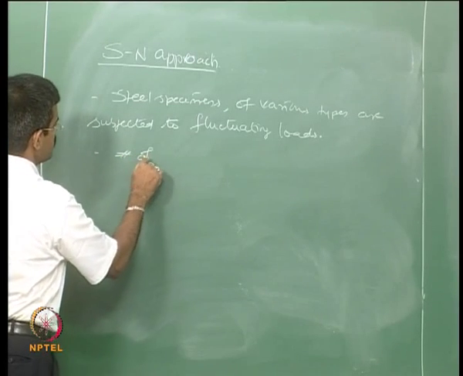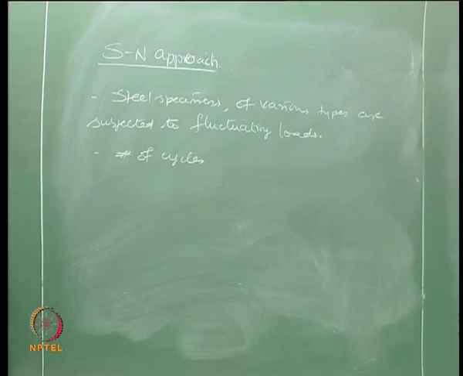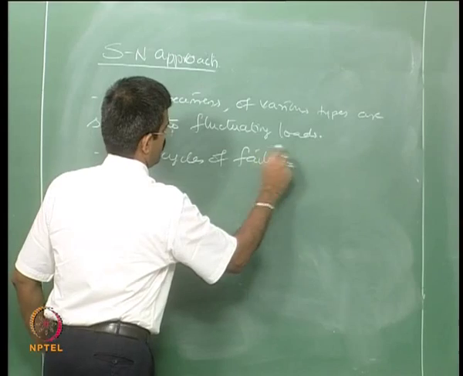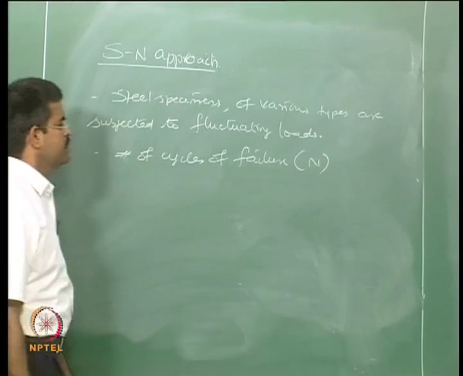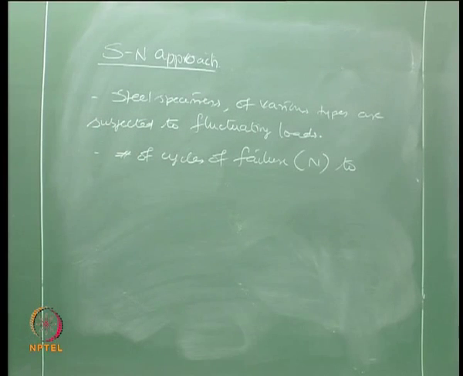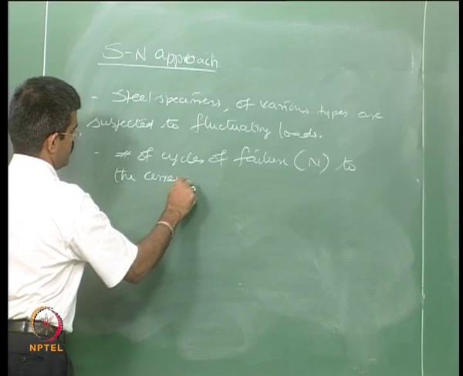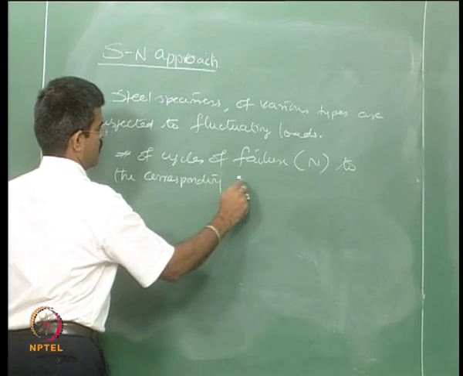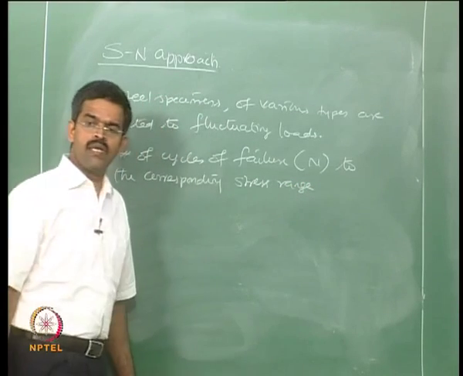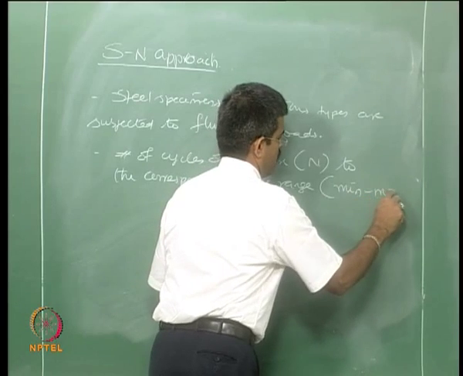The number of cycles to failure, which I call N, is plotted against the corresponding stress range, which is called S. The moment I say range, I am talking about the values from minimum to maximum.